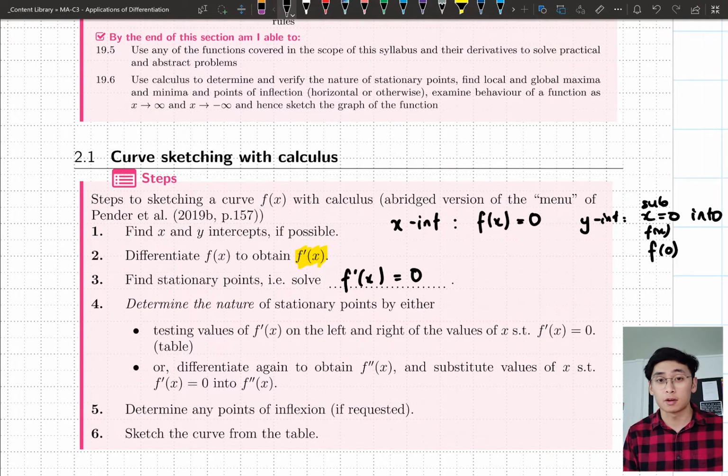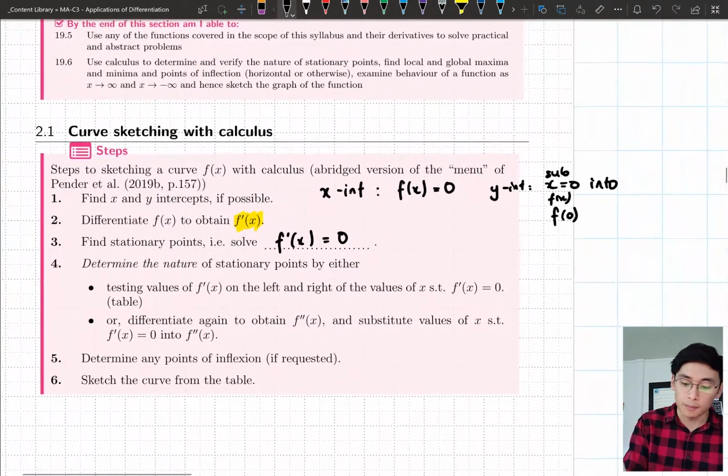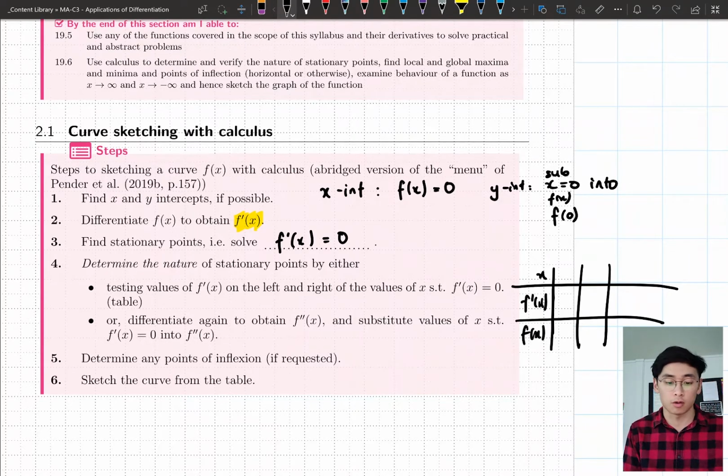Now sometimes they'll rephrase it in a different way, but if they ask you to determine the nature or classify the stationary points, this is exactly the same thing. Here, there were two methods that we did. The first method was to test values. We drew up our table of values. We had x, our derivative, and our original function, and we put in the values of our stationary points that we got from step 3.